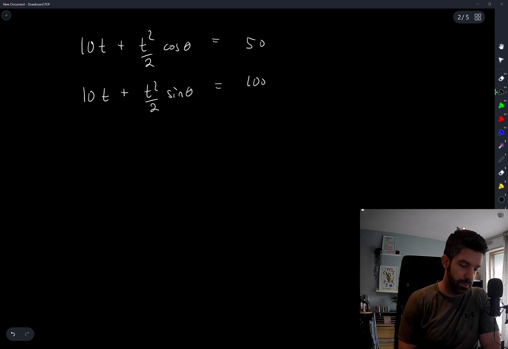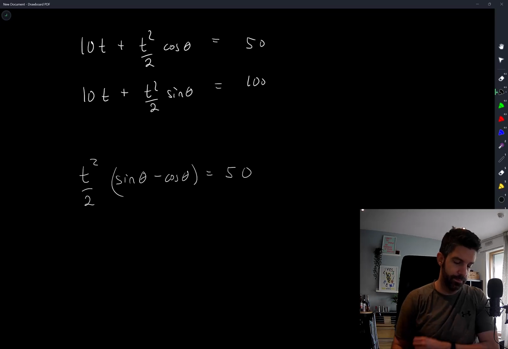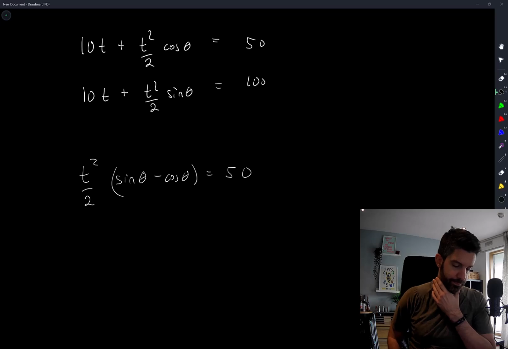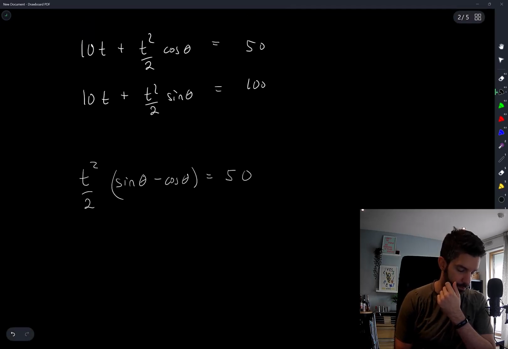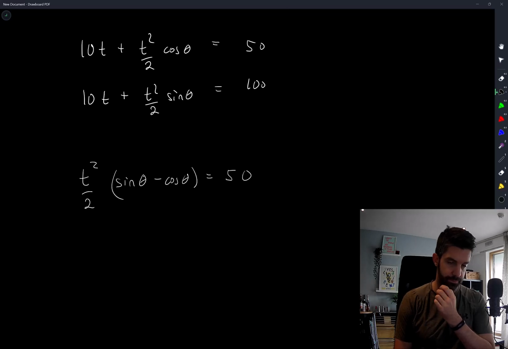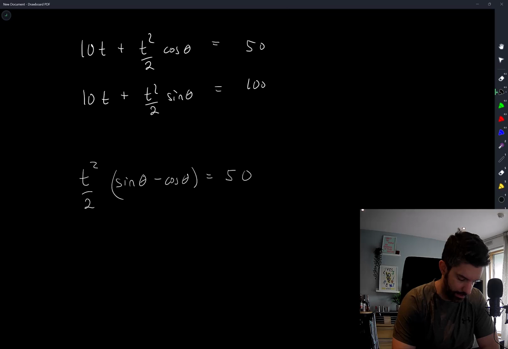I'll do the bottom equation minus the top equation. I mean, this looks like a double angle formula of some sort, but yeah, solving these equations is going to be more difficult than arriving at these equations.